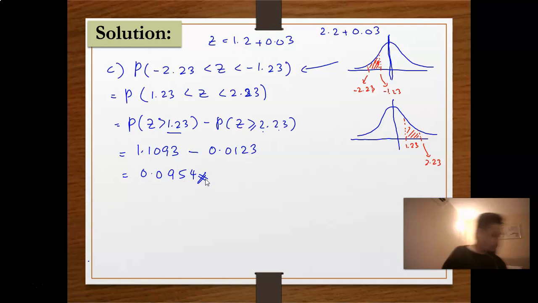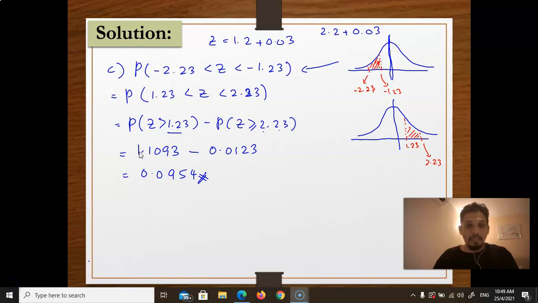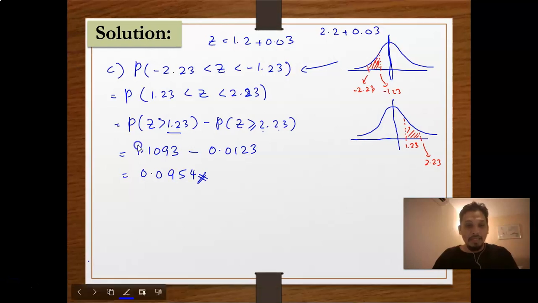You may test the answers here. Class, I'm sorry, probability cannot be greater than 1.